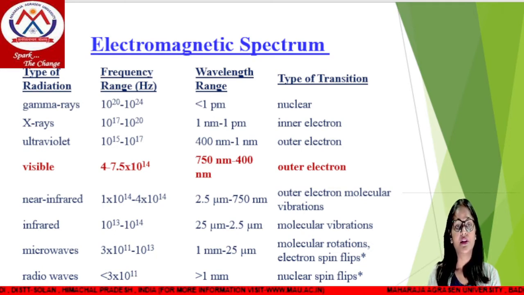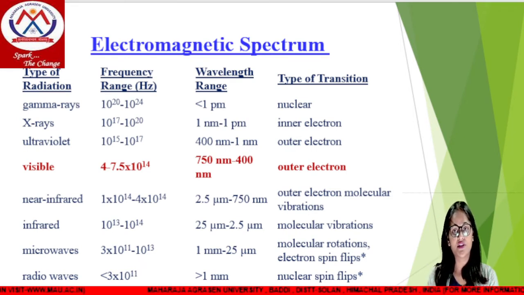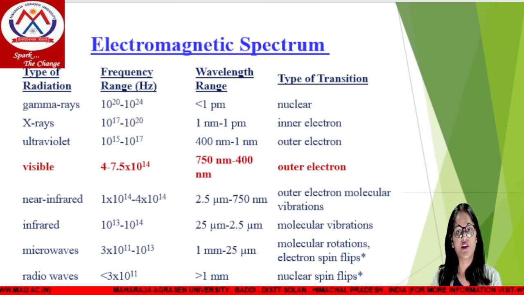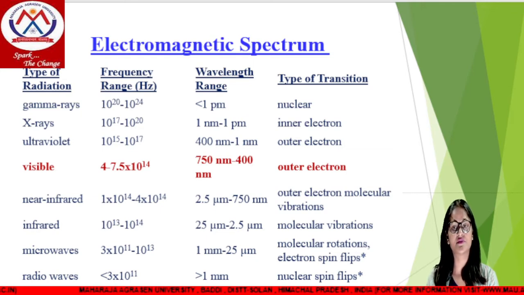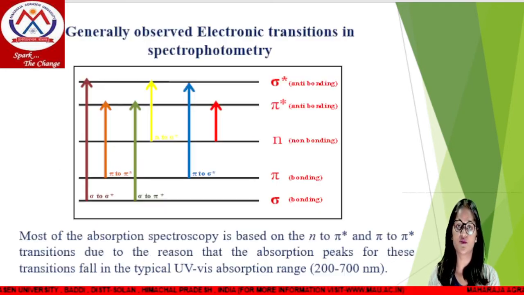For example, gamma rays, X-rays, UV rays, visible rays, or near infrared rays cause electronic transitions, while infrared radiations result in molecular vibrations, microwave radiations result in molecular rotations, and radio waves result in flipping of the nuclear spin. So, depending on the radiation we are using, different types of transitions will be observed.